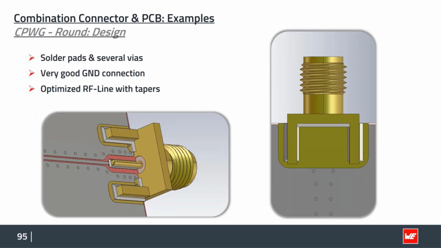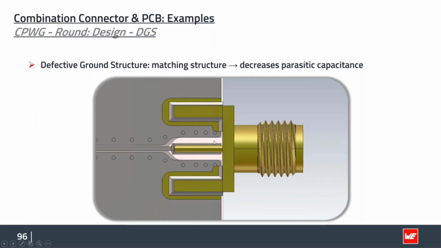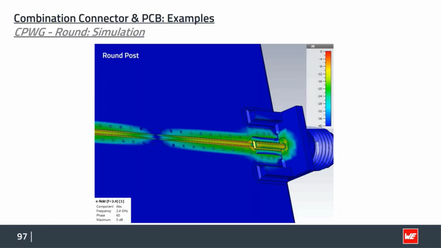And because there is simply not enough space inside the connector area to compensate all the parasitics brought in by this huge pin, we needed to make a defected ground structure in the layer below to optimize that. So, with that, let's see what kind of performance we got.